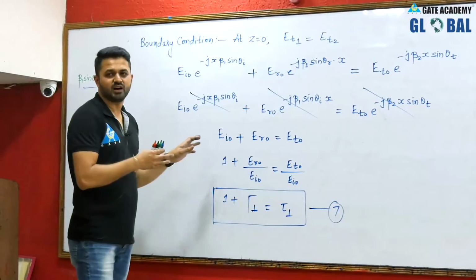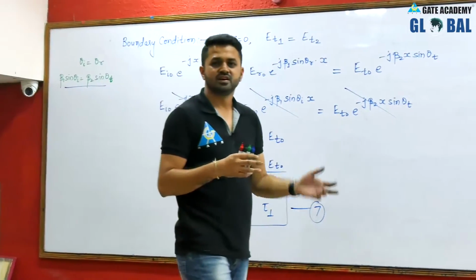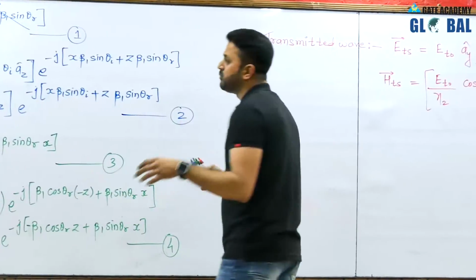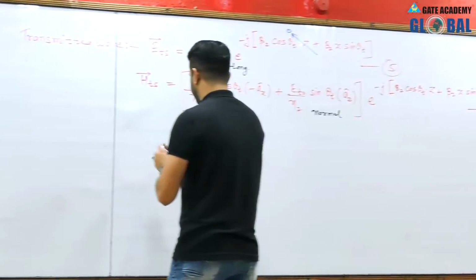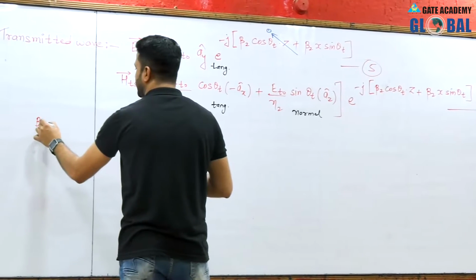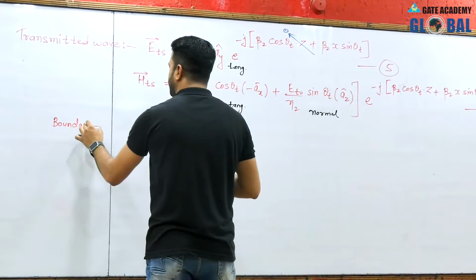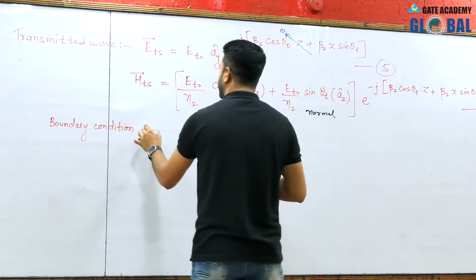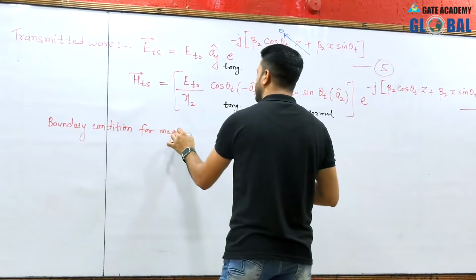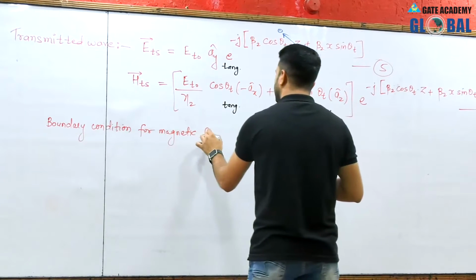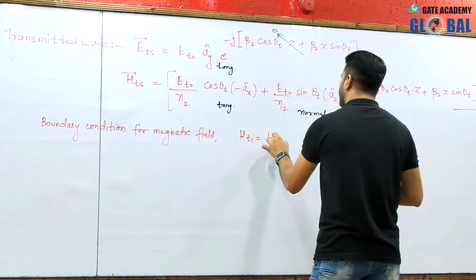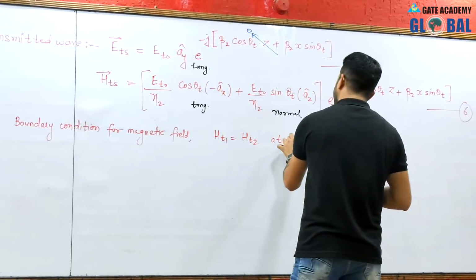Now we have to find another equation by which we can calculate the reflection coefficient, and that is the boundary condition for magnetic field. This is HT1 is equal to HT2 at z equal to 0.